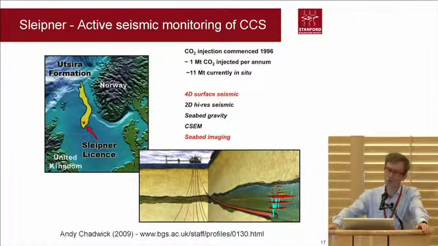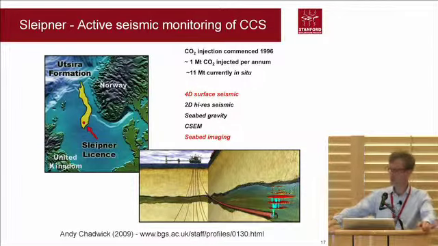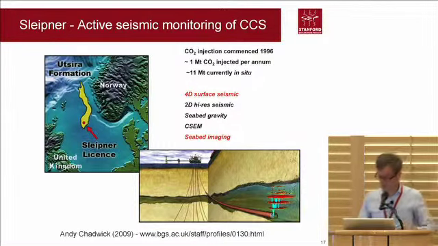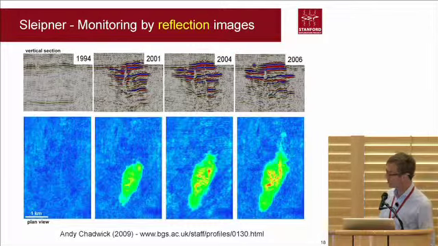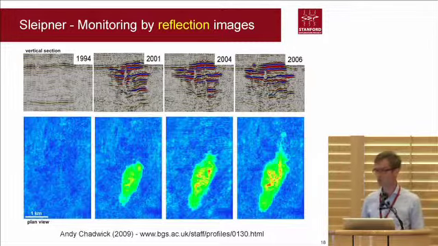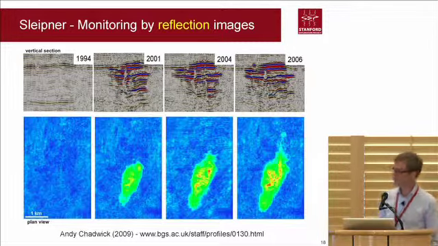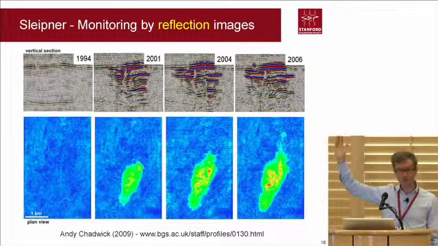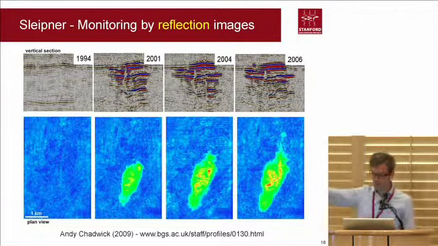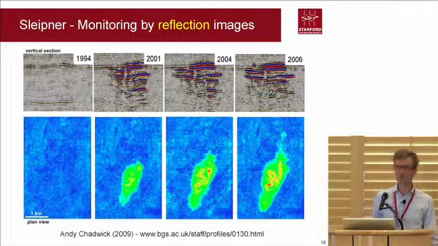This is CO2 that was co-produced with natural gas and we injected down in saline aquifers. It started in '96, and at least 4 active seismic surveys were recorded on top of this sequestration project. The images on the top are vertical sections. The images on the bottom are horizontal sections.